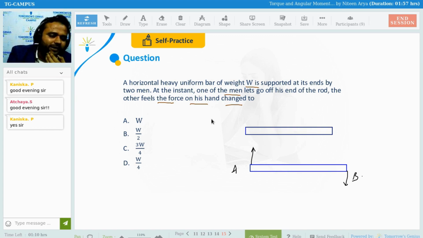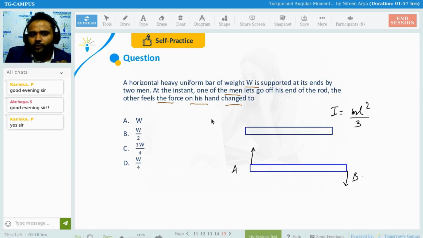So beta, I here is going to be ml square by 3, and we are going to discuss in the next class why it is ml square by 3. Okay, so I is going to be ml square by 3. That is a special case of a rod. Whenever we need to find the moment of inertia of a rod about a particular point, which is the end point, at one particular end of a rod, that is ml square by 3.